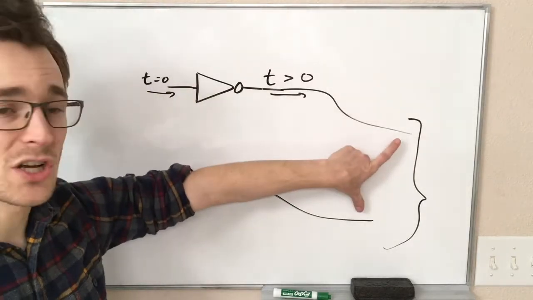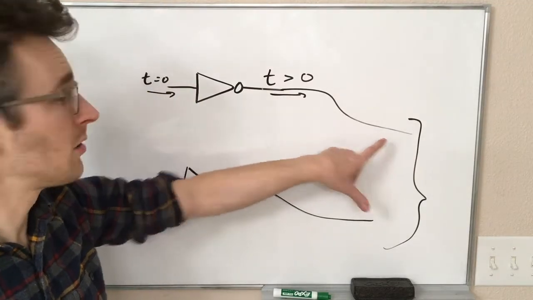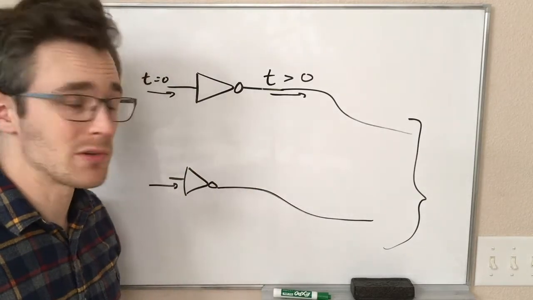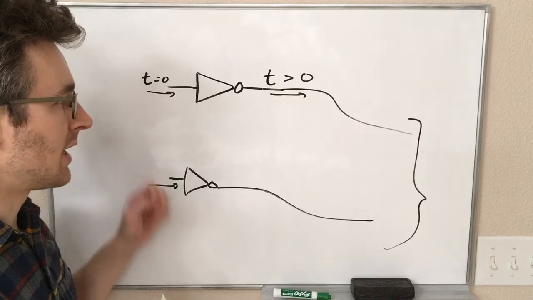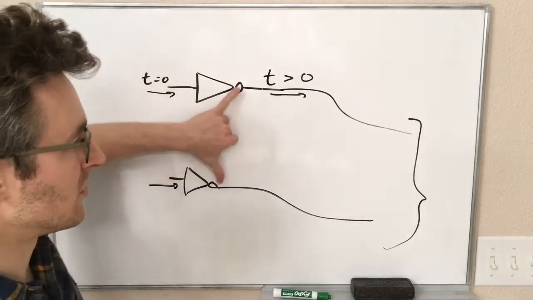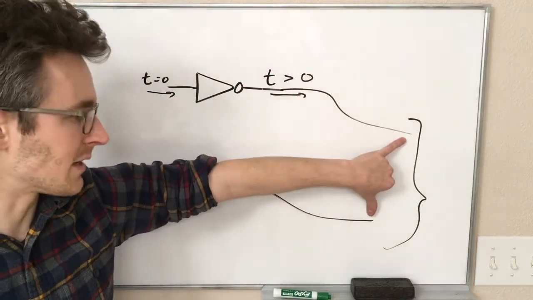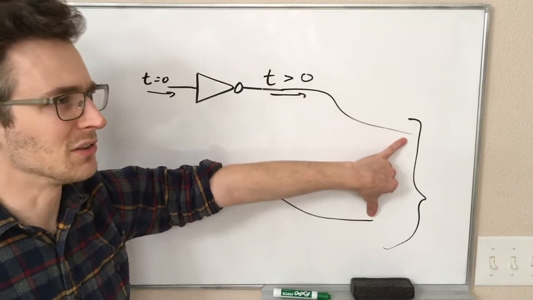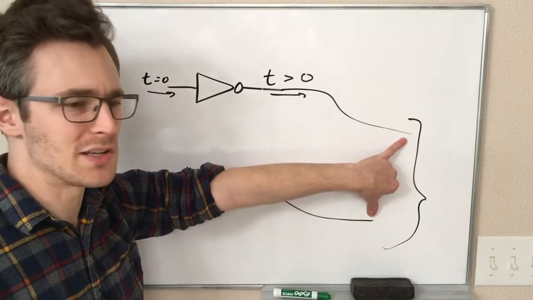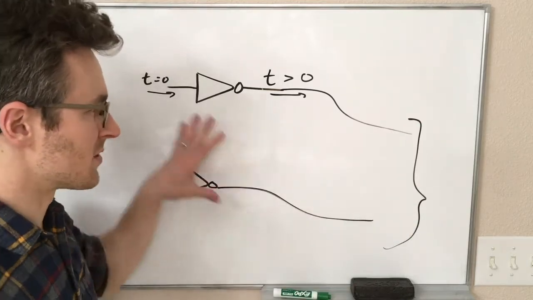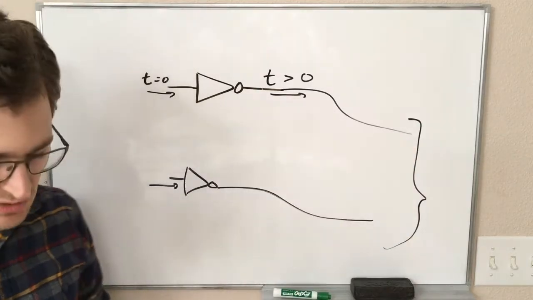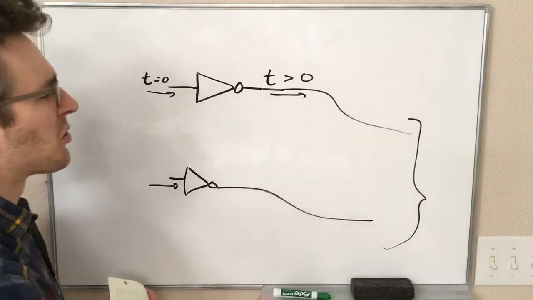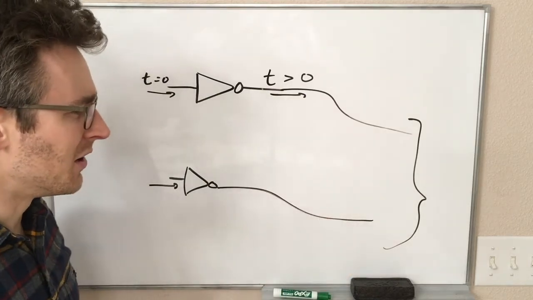These also may not change at the same time as each other. These two gates might have slightly different delays for whatever reason. And so you can't always rely on these signals arriving at the same time. That can lead to problems known as race condition errors, where the two signals are racing to get there at the same time. So that's the sort of thing you have to be concerned about.